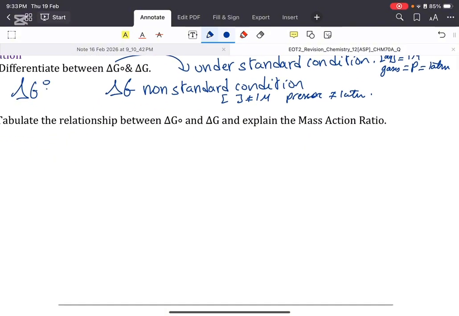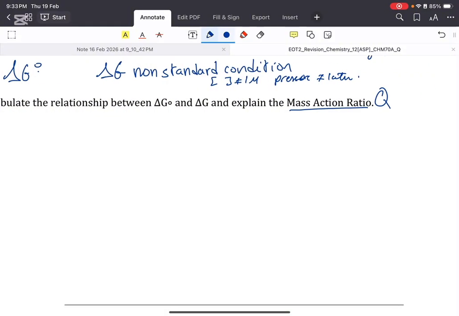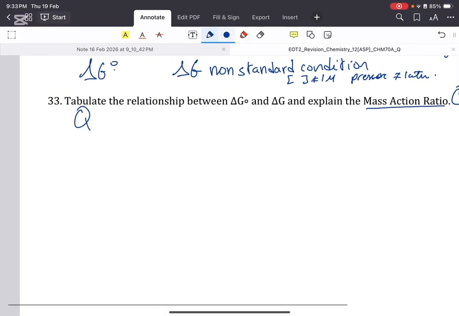Now let's continue. Tabulate the relationship between delta G standard and delta G non-standard and explain the mass action ratio, what we mean by this Q. Now Q takes the formula of K, and it is the actual ratio of product over reactant.